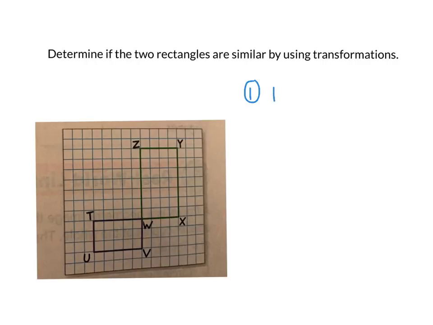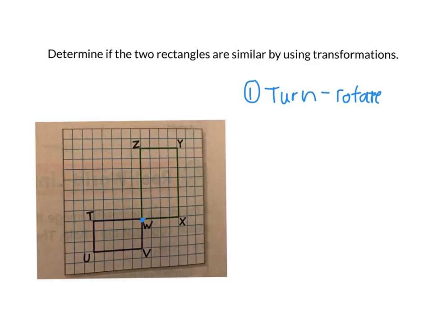So I first need to turn or rotate one of my rectangles. In this case, I'm going to take my smaller rectangle, VWTU, right down here, and I'm going to rotate it up 90 degrees about point W.